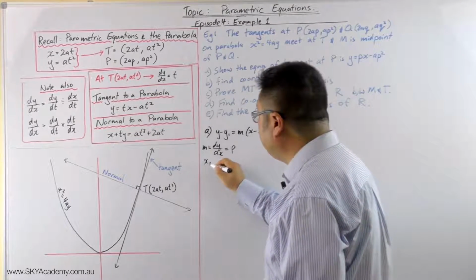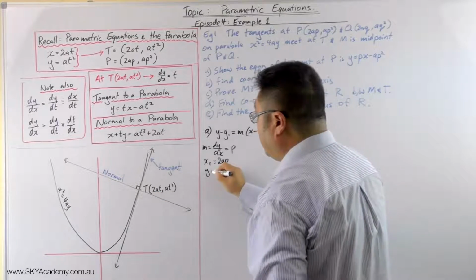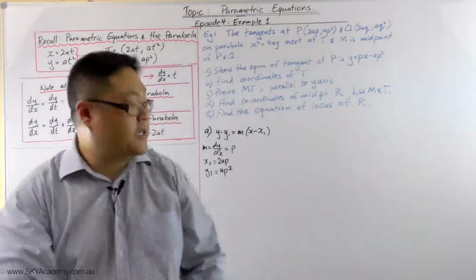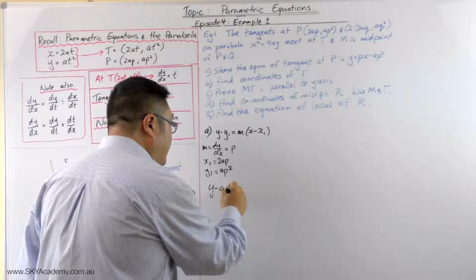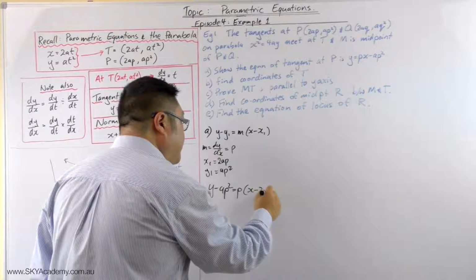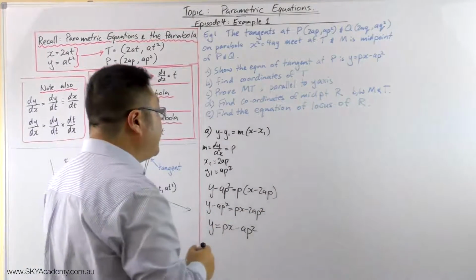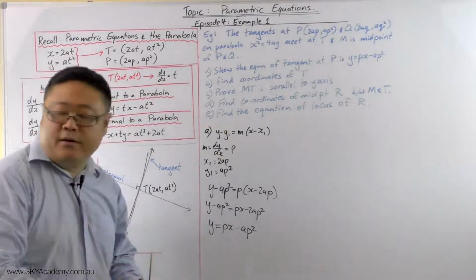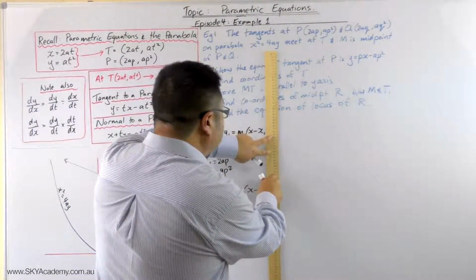Your x1 is 2ap and your y1 is ap squared. Then it's a matter of substituting into the formula: y minus ap squared equals p times (x minus 2ap). You simplify that, bring the ap squared over to the other side, and that is how you do part 1. We did that in the last episode, but I thought I'd do it again because it's required for this particular question.